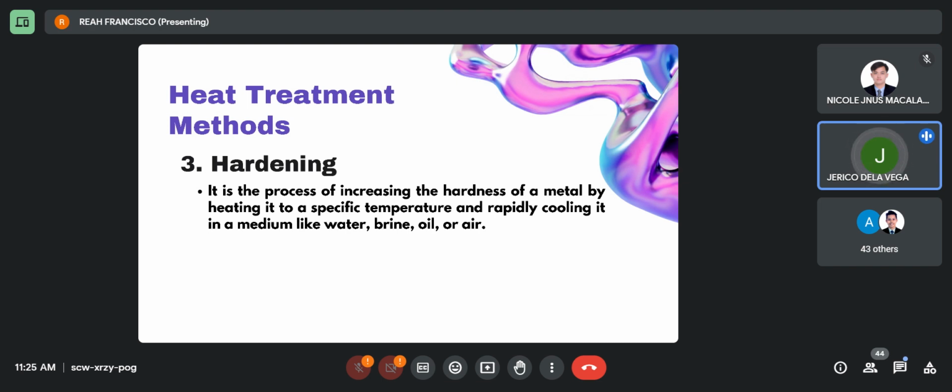So hardening is commonly used in the manufacturing of various tools, machine parts, and components where resistance to wear, abrasion, and fatigue is essential. The specific hardening temperature, quenching medium, and process parameters depend on the material and the desired properties for a particular application. Next slide po.